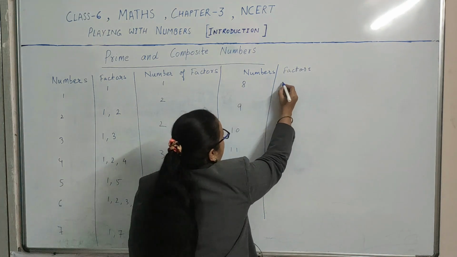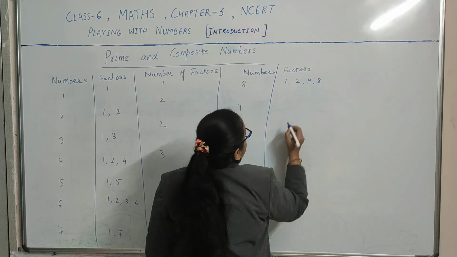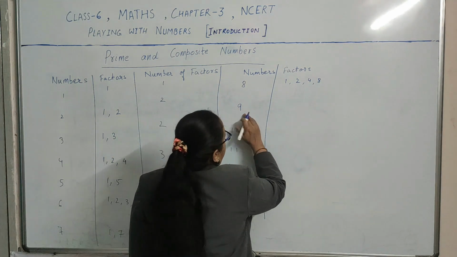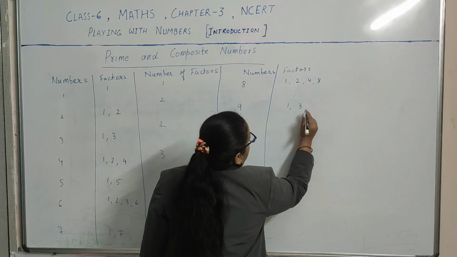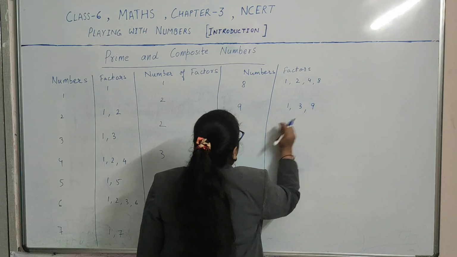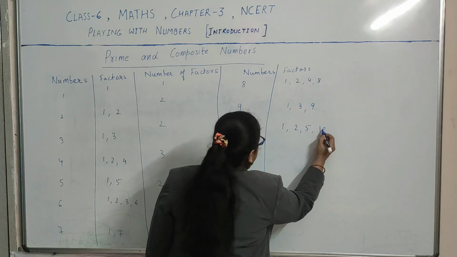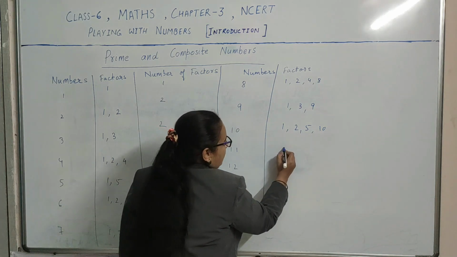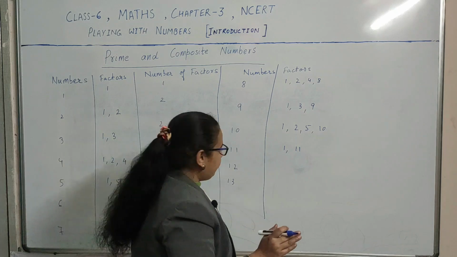Factors of 8 will be 1, 2, 4 and 8, right? Factors of 9 will be 1, 3 and 9. Factors of 10 will be 1, 2, 5 and 10. Factors of 11 will be 1 and 11 only, because it can only be represented as 1 multiplied by 11.